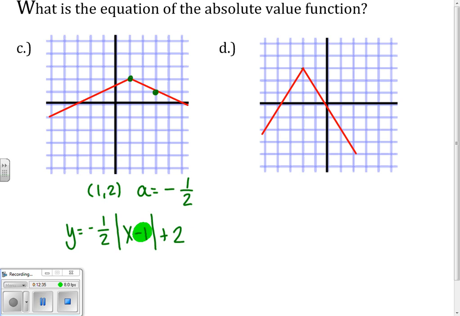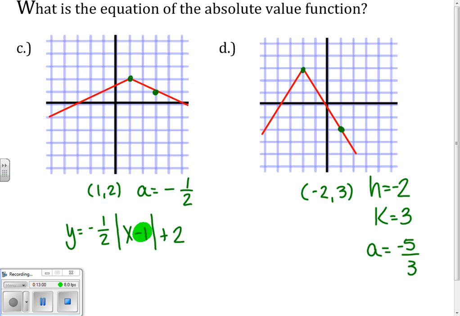In letter D here, the vertex is at (-2, 3), which makes my h value -2 and my k value 3. Now count off your slope, your a value. You see a nice one right there. I have to go down 1, 2, 3, 4, 5, and over 3. That makes my a value -5/3. I went down 5 and over 3.